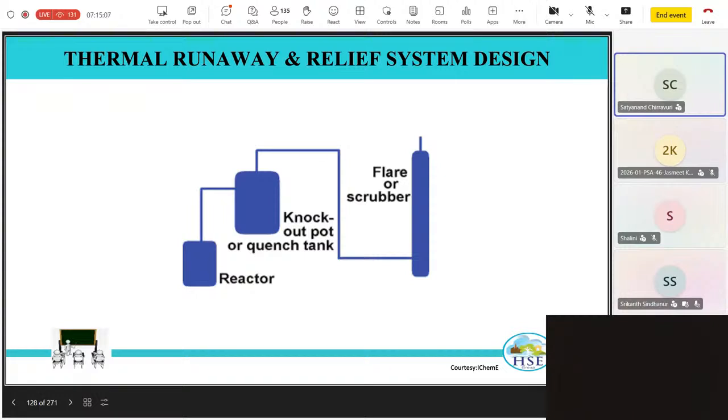This is all in a nutshell. This process safety course in toto is a 6 month course. So we try to cover as much as possible at a very fundamental level, and covered most of the topics up to managing reactions. There's a lot more to it.